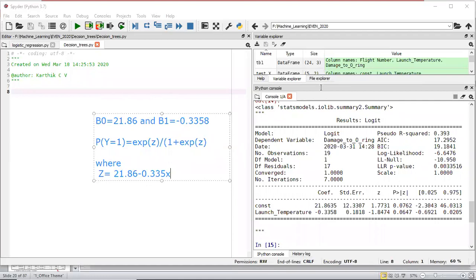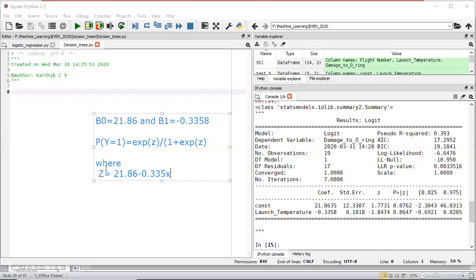Now in the testing data set, we have a few values. If I put the values of test X, then I'll get the actual output. So this is my model development. Once you get the model parameters, you have to list out the value of beta naught and the value of beta 1.